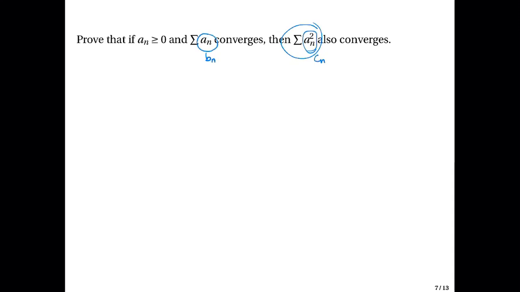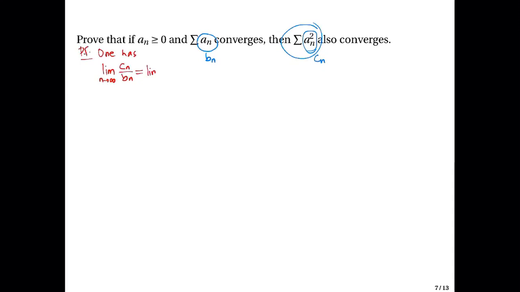So what we're going to do is take the limit. Proof. One has the limit of Cn over Bn as n approaches infinity.